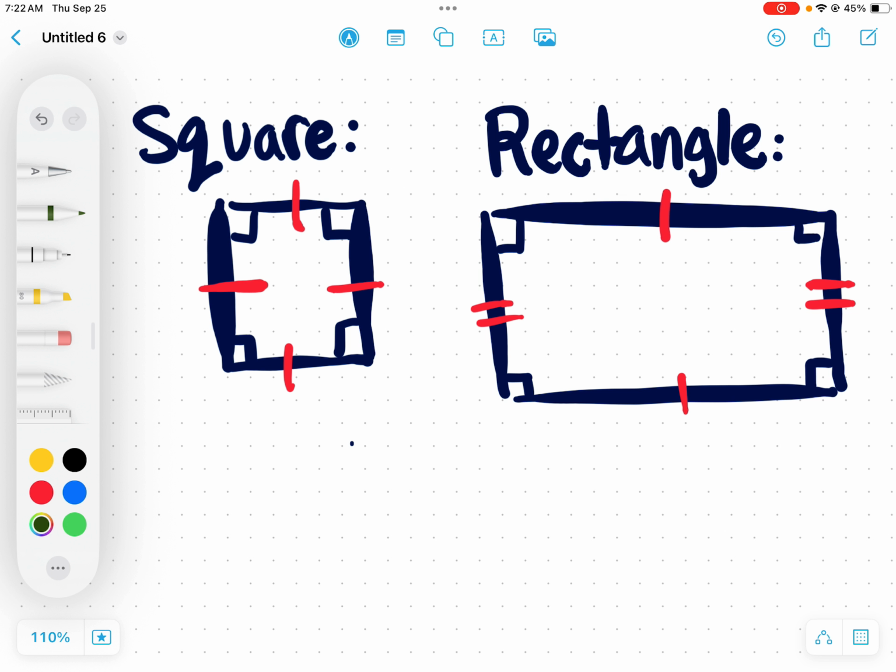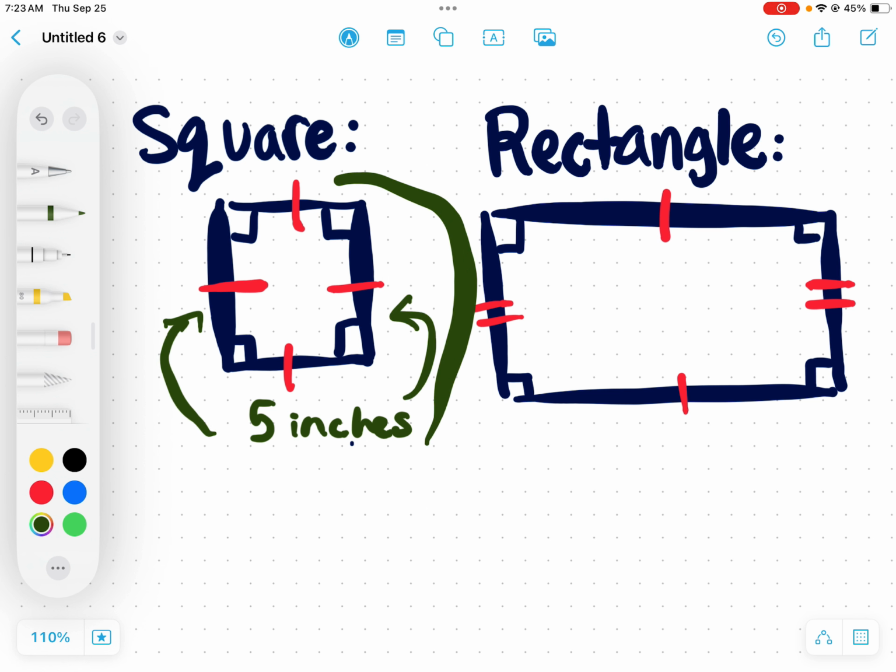So what we know about a square is that it has four sides. Not just four sides though, they're four equal sides. And these little tick marks right here represent that each side is equal. So if this side were to say 5 inches, then what we know about a square is that it has four equal sides, so all of these sides would be 5 inches.